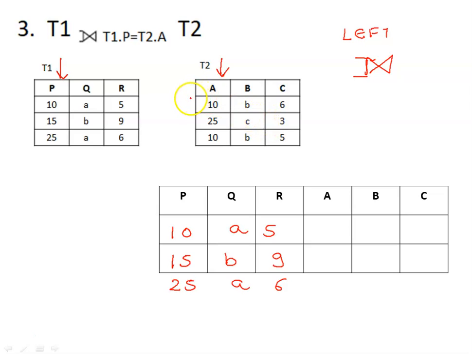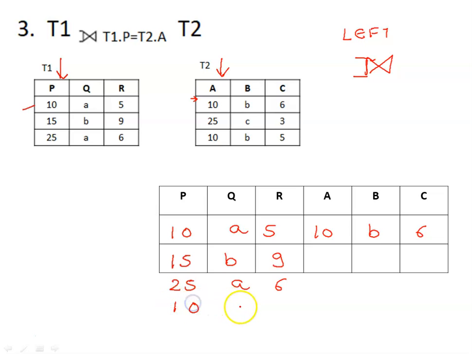Yes, there is a match with respect to this tuple. Right? So I will mention it over here, 10 B 6. Is there any other match with this tuple? Yes, there is one more match with the last tuple in relation T2. But I have not mentioned it over here, so I will mention it at the end over here.